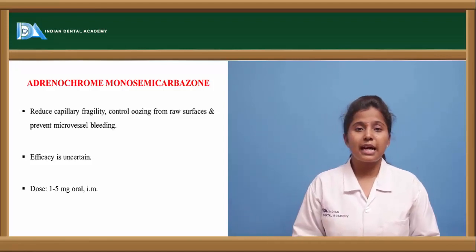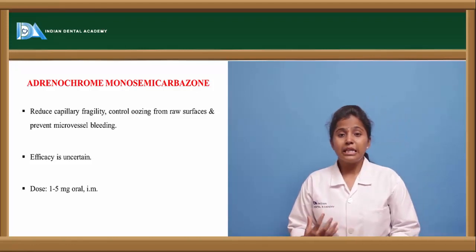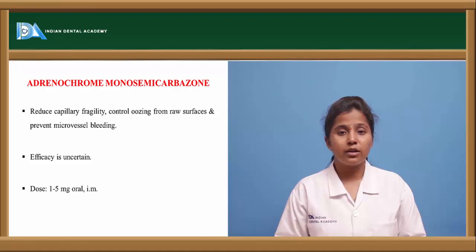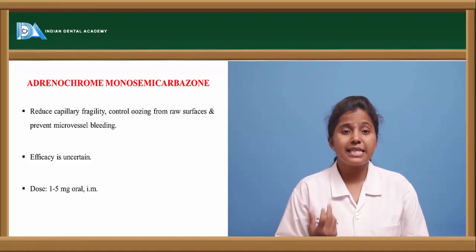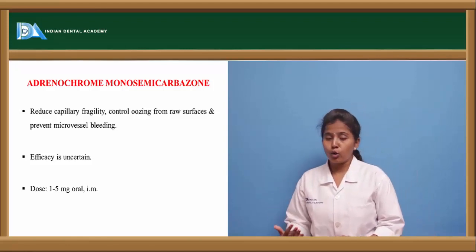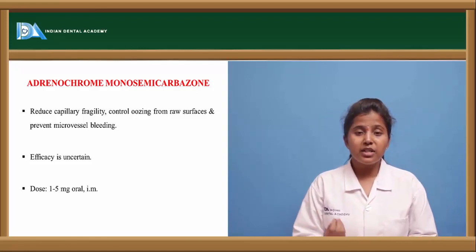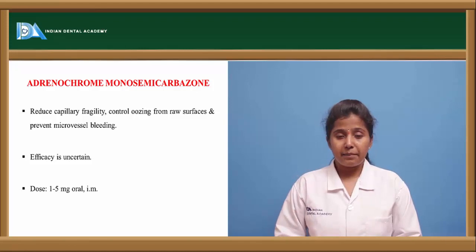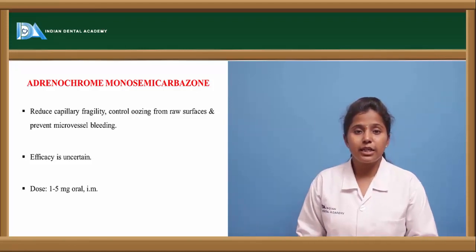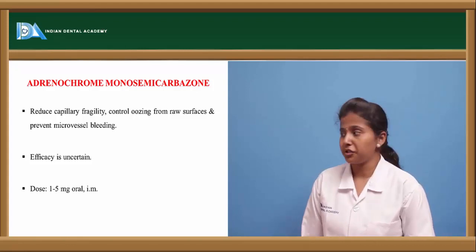It reduces capillary fragility. If there is any loss of blood, these capillaries become fragile, or easily breakable. Adrenochrome prevents the capillaries from becoming fragile, and thereby it exerts its action of coagulation.